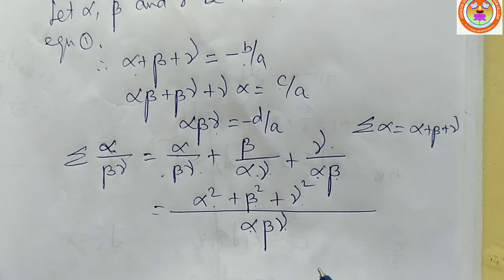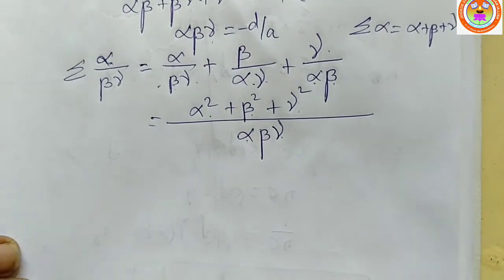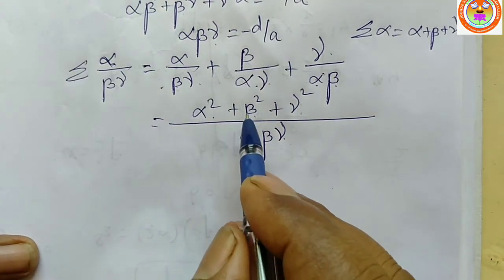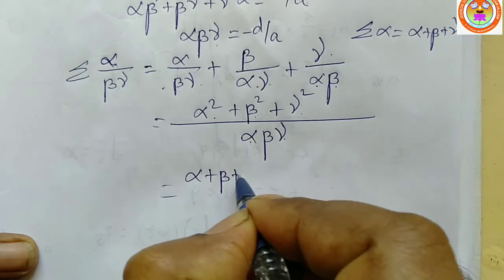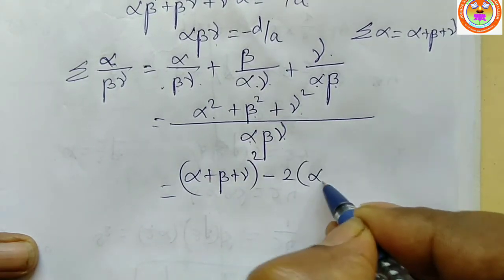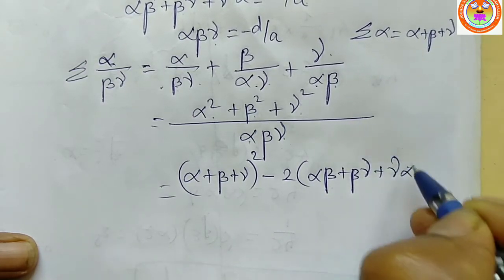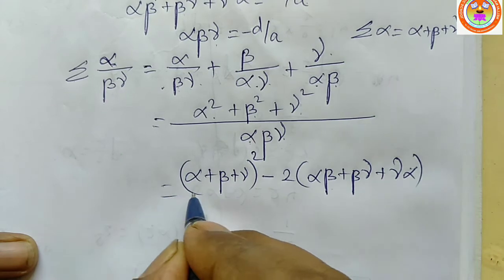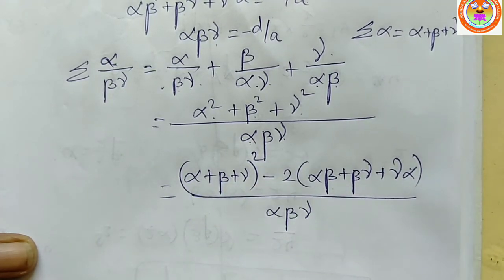The same method we can apply here also. If you are replacing this alpha square plus beta square plus gamma square by alpha plus beta plus gamma the whole square minus 2 into alpha beta plus beta gamma plus gamma alpha, divided by alpha beta gamma.